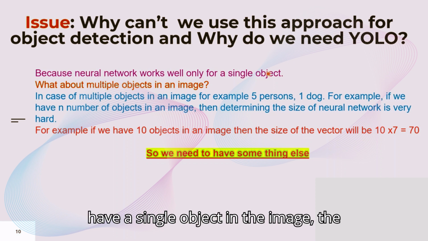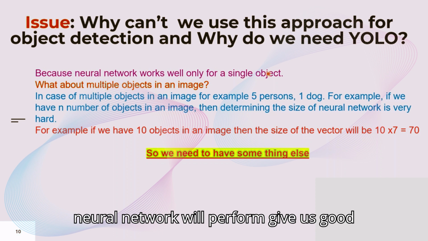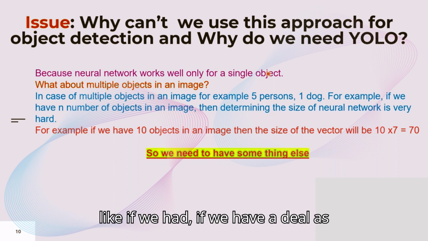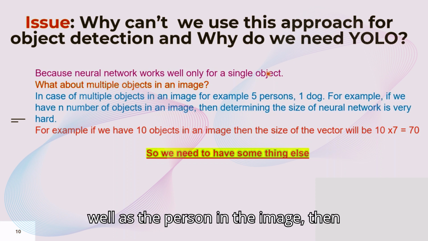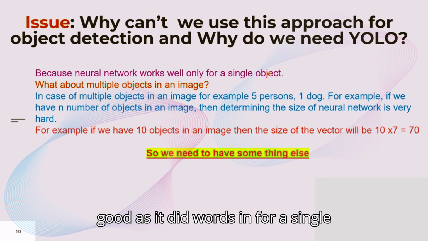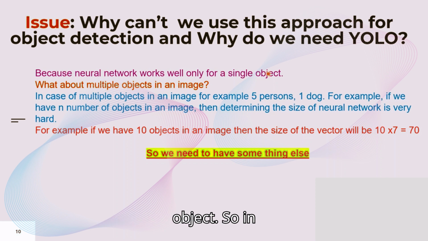If we have a single object in the image, the neural network will give us good results. But if we have multiple objects, like a deer as well as a person in the image, then the neural network will not work as well as it does for a single object.